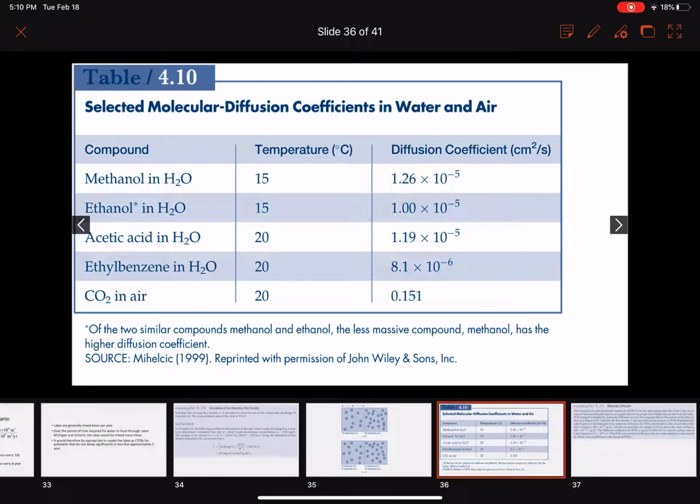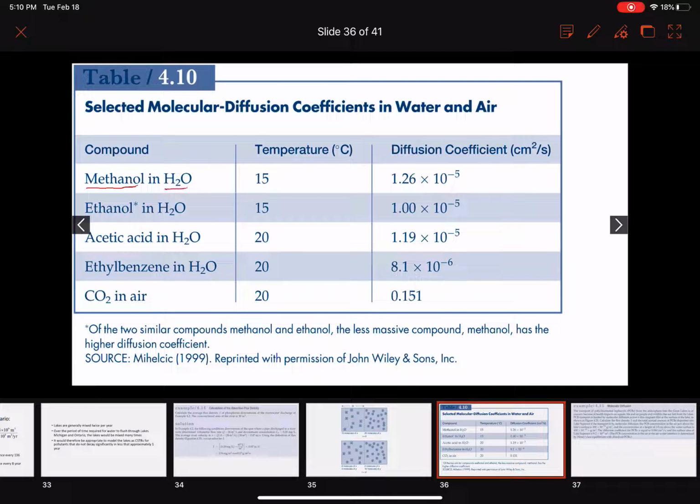Now, why do we have to study the diffusion coefficient and molecular diffusion? Because every compound has a molecular diffusion coefficient in water and in air. So for example, let's look at methanol, which means this is the diffusion movement of methanol in water.